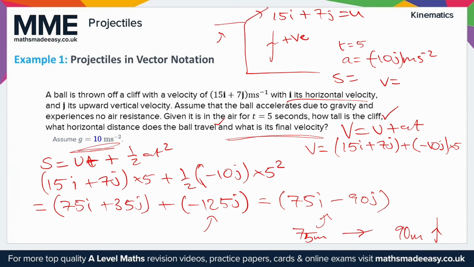So you're going to have 7 minus 50, because minus 10 times 5. So we'll get 15i minus 43j. This is its final velocity. So it's going 15 meters per second in the horizontal direction, and 43 meters per second in the vertical direction, downwards, straight down because it's negative.